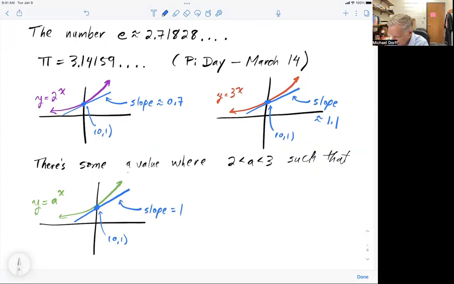There's going to be some a value that does that. What a value does this?